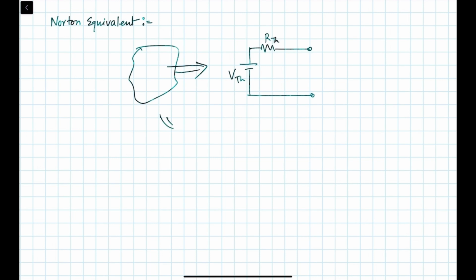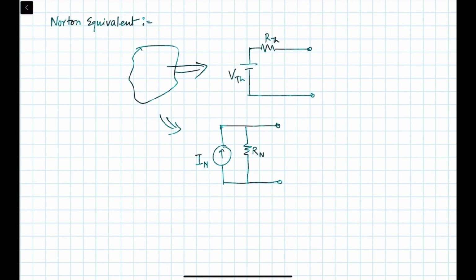But in case of Norton's equivalent, we are going to represent the circuit with a current source and a resistance in parallel. This will be our current IN, and you can write this as RN. Okay, so how to find this IN and RN?